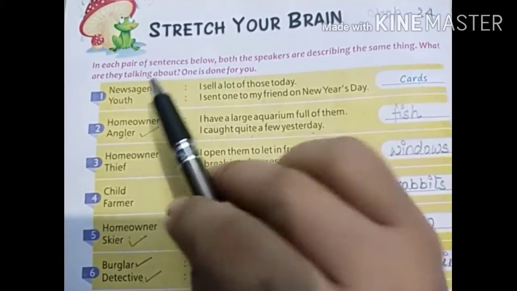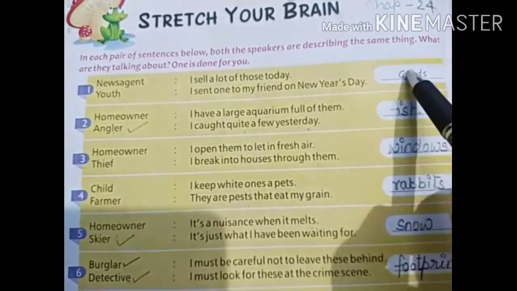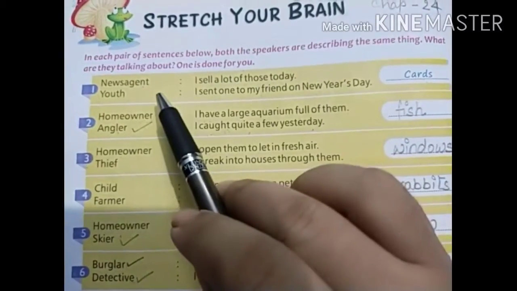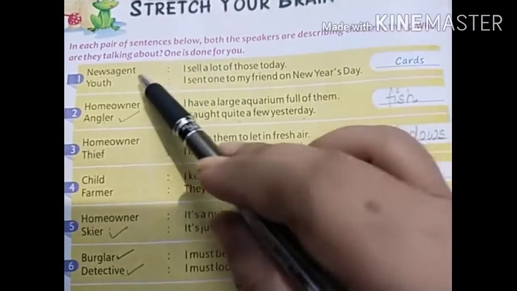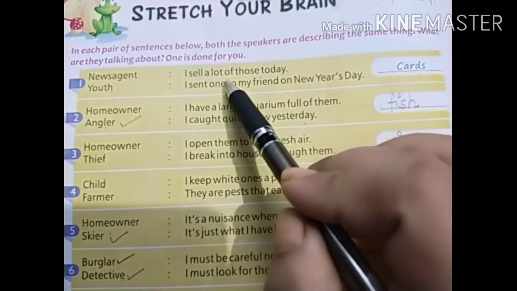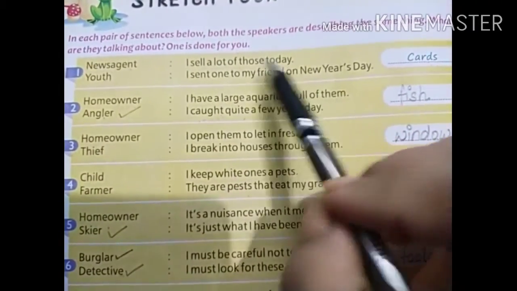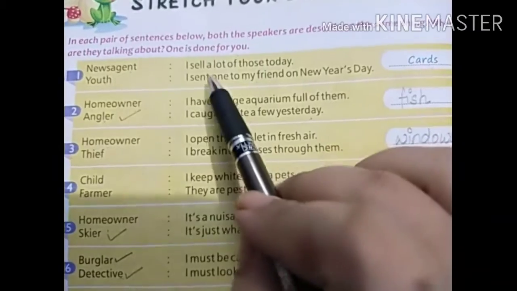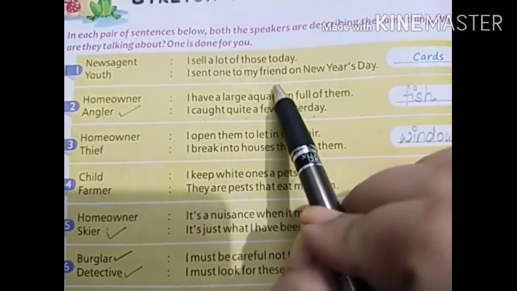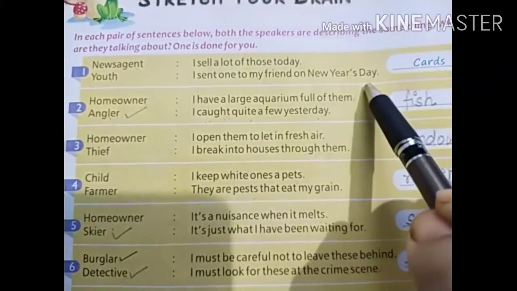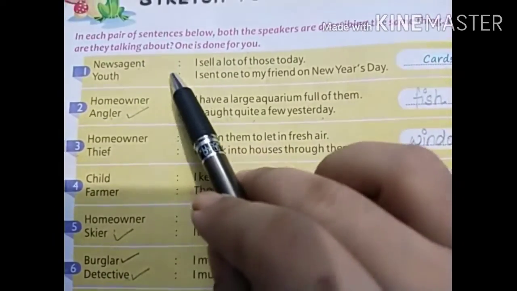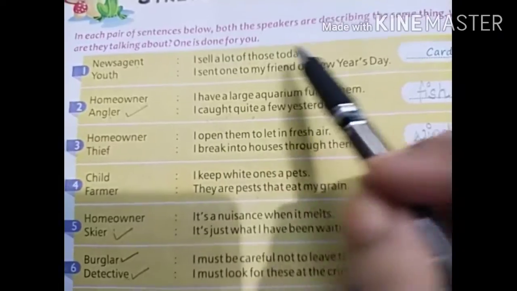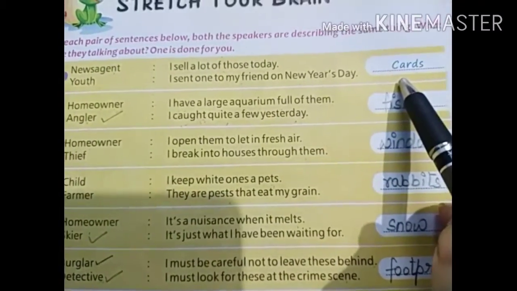So the first question is given, for example: news agent. The first speaker is a news agent. He is saying, I sell a lot of those today. Youth: I sent one to my friend on New Year's Day. So these two persons are talking about the same thing, and the thing is cards.